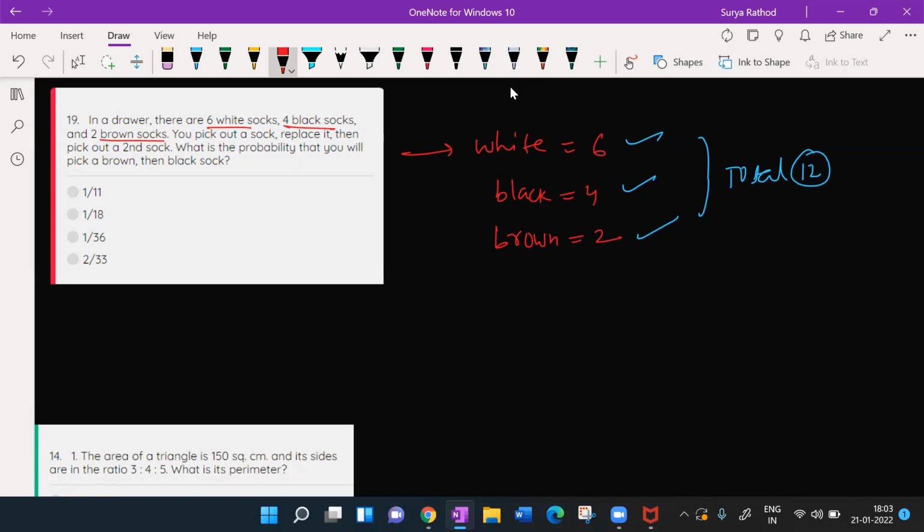I'm saying that what is the probability of getting two same color socks? What is the probability of getting not two same color socks? Let's say the 6 white you have, 4 black you have, and 2 red you have, right? What is the probability of getting 2 red and 4 black?